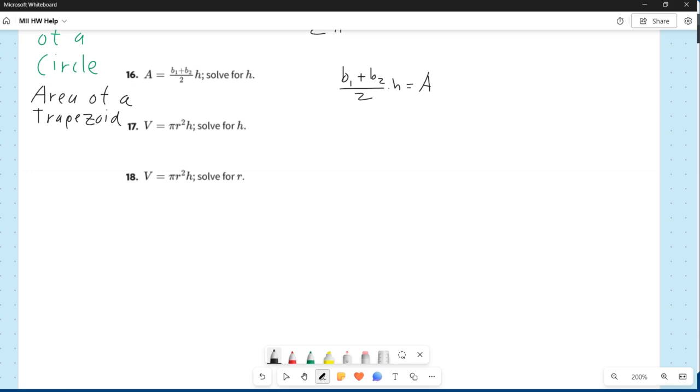If you want to get h by itself, you could do this in two steps by saying, all right, the first thing I want to do is get rid of that 2, which means I could just multiply by 2. What's going to happen is that my 2 in the denominator on the left is going to go away.